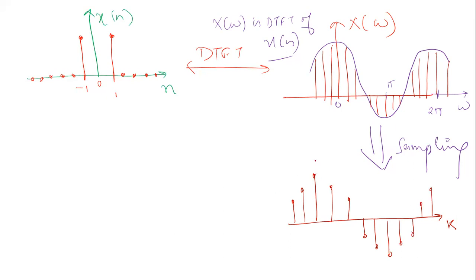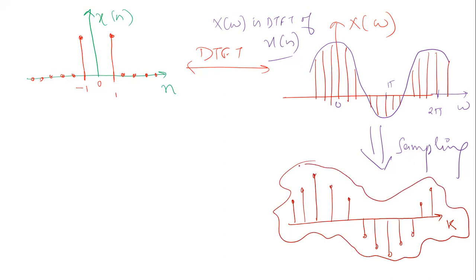So what is this? This is what we call the sampled signal. For example, we have the axis here, and this is nothing but X[k], the sampled signal.